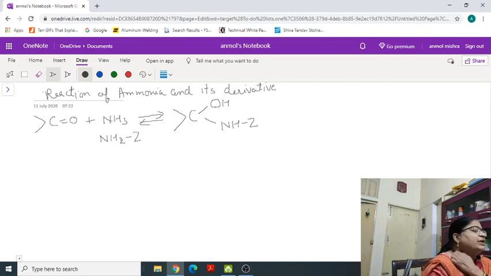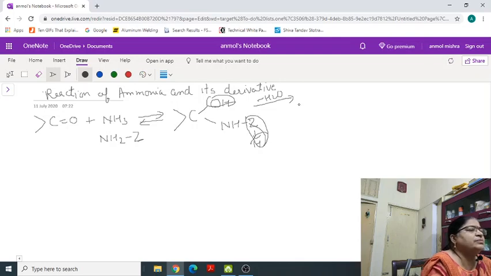this ammonia. We have written this one of the hydrogen as H because in other groups also we will use the term Z. So here Z is H. So when it undergoes dehydration, that is removal of water, one OH from this, and this one is this.